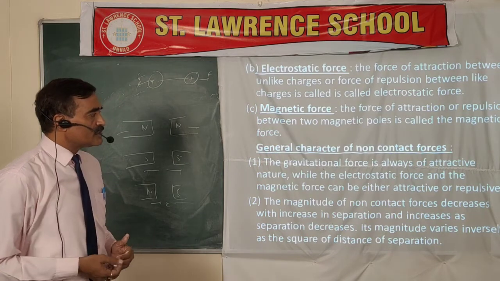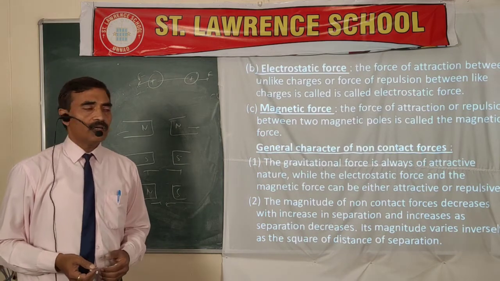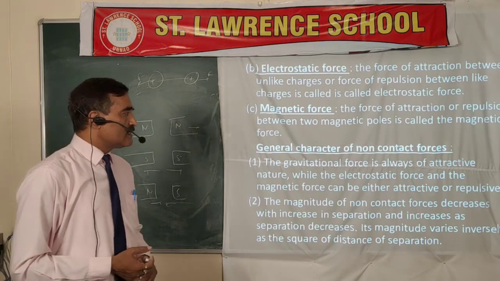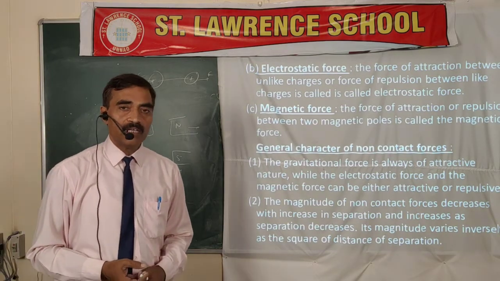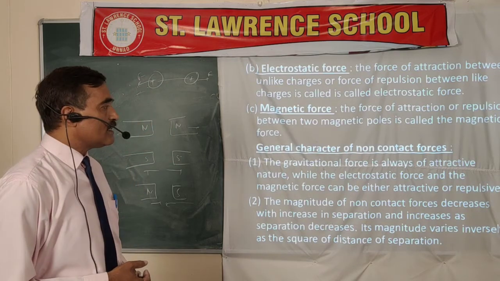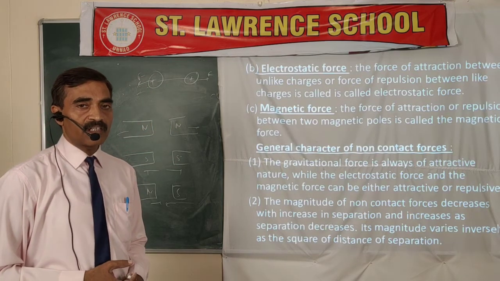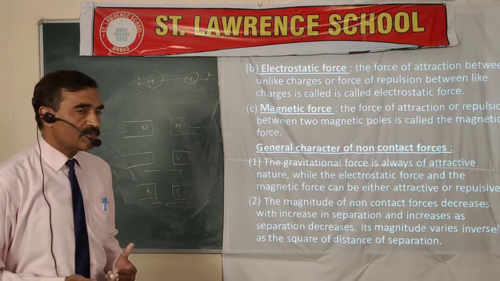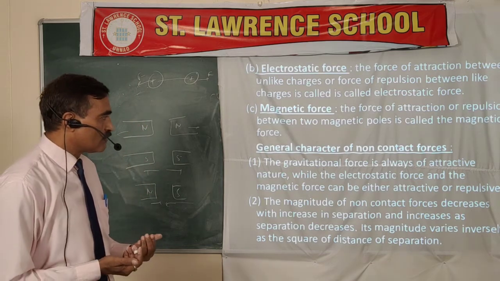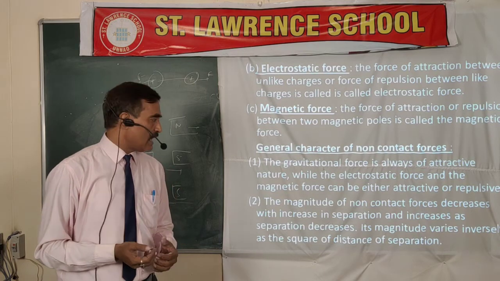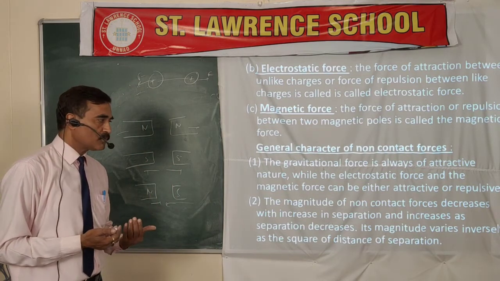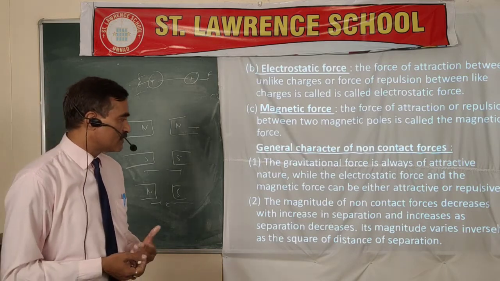So these are the general characters of the non-contact forces. What are the general characters? First, the gravitational force is always attractive in nature, while the electrostatic force and the magnetic force may be attractive or repulsive according to the nature of the charges and the magnets, whether they are similar or opposite poles, or similar or opposite charges.